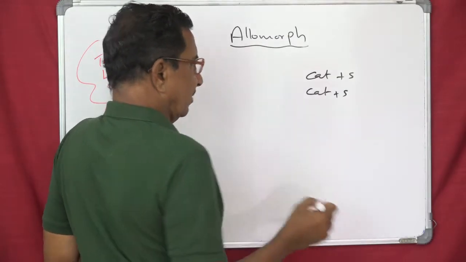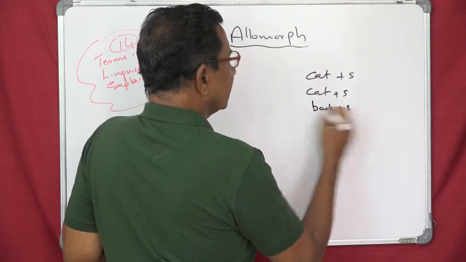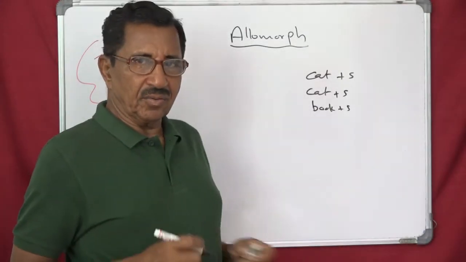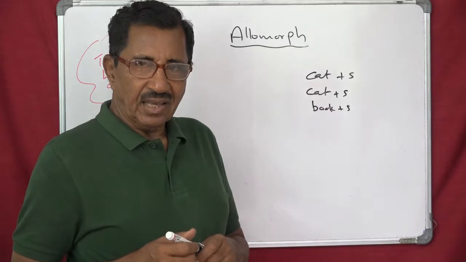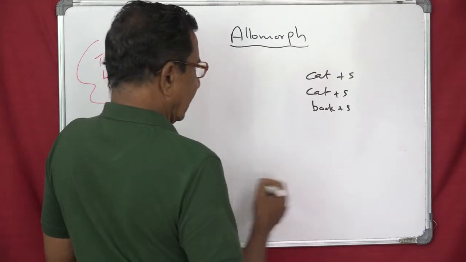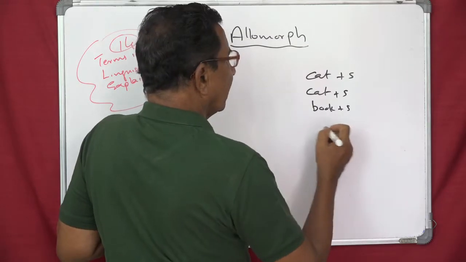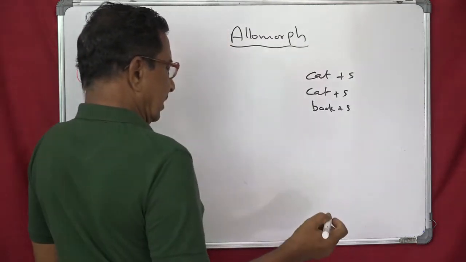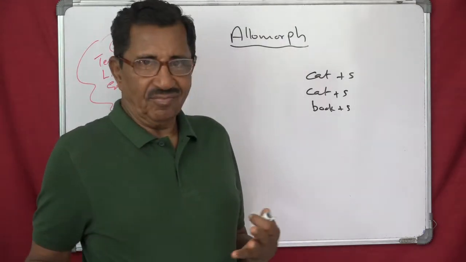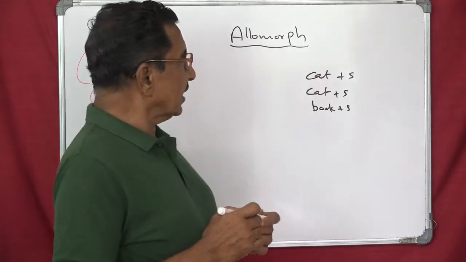Another example, books. Same thing, book plus s. There are two morphemes here. Now, that may be confusing for you, so let us think about another one.